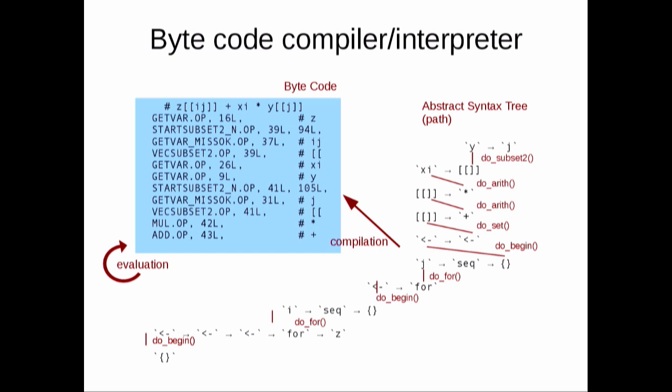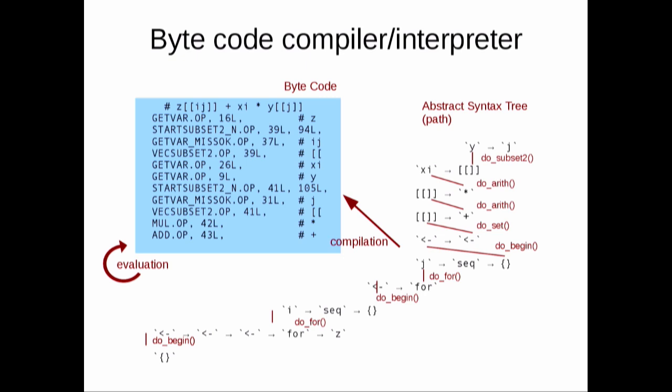So if you start from the very bottom of the blue window, you can see the add instruction. That's addition, obviously. And the bytecode interpreter is a stack machine, so it has the operands on the stack. So the add instruction will take two values from the stack, it will do a sum and push the result on the stack.